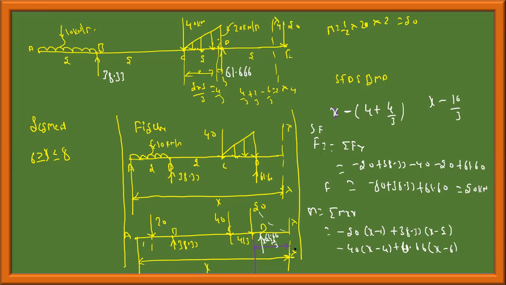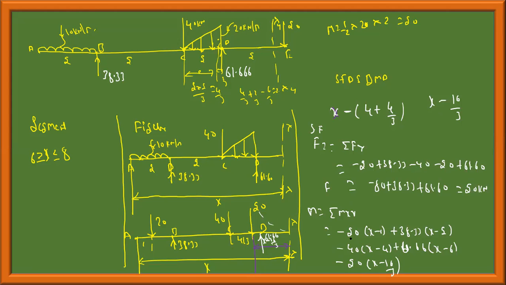Okay, coming to the UDL. It is acting downwards, bending, therefore the magnitude is minus 20, and the distance is x minus 16 by 3. This distance is x minus 16 by 3.